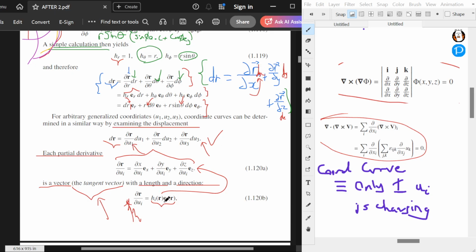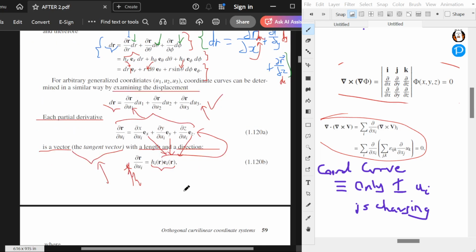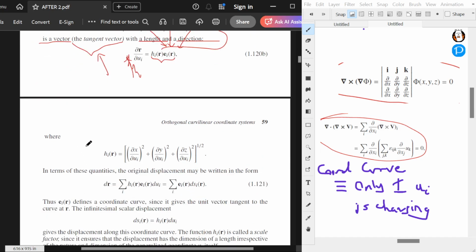The direction of HI, well, not HI, but I guess you can call it HI, combines all these guys. Where HI equals, well, this is how you get the length of something in coordinate geometry.